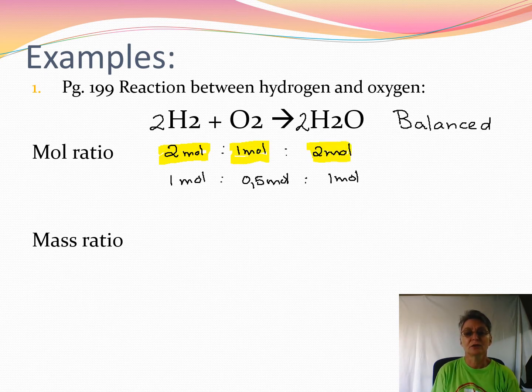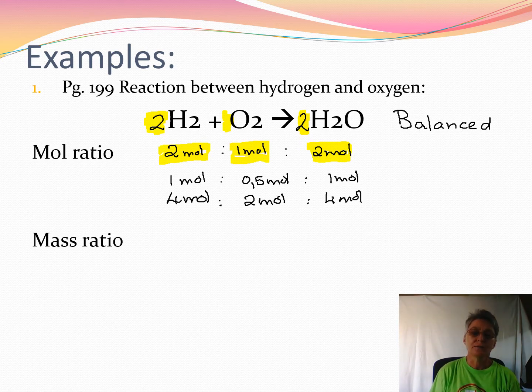And that ratio is given by the coefficients of each of the reagents. You could go for 4 moles of hydrogen, which will need 2 moles of oxygen to give you 4 moles of water.